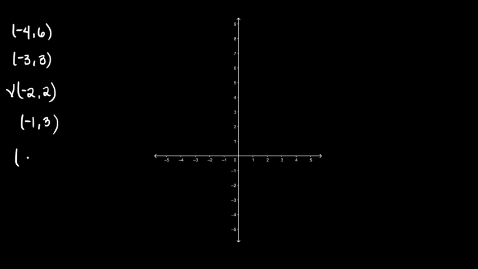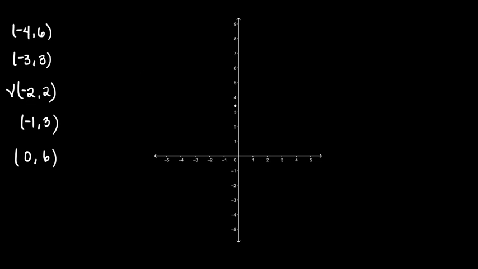So here again, the points that we determined are the following. We have negative 4, 6. And then we have negative 3, 3. The vertex, which is negative 2, 2. The other points, negative 1, 3, and 0, 6. So we plot the vertex first.